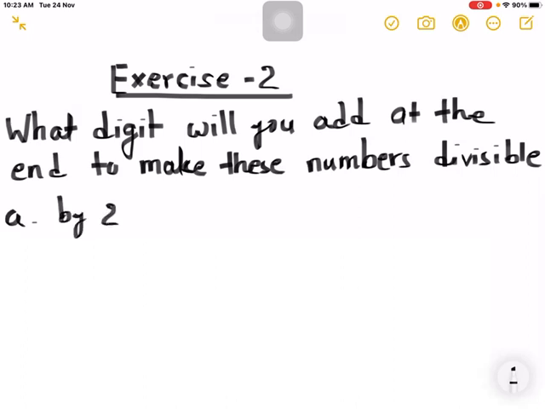In A, the first number you can see is 2, 3, 4, 1.